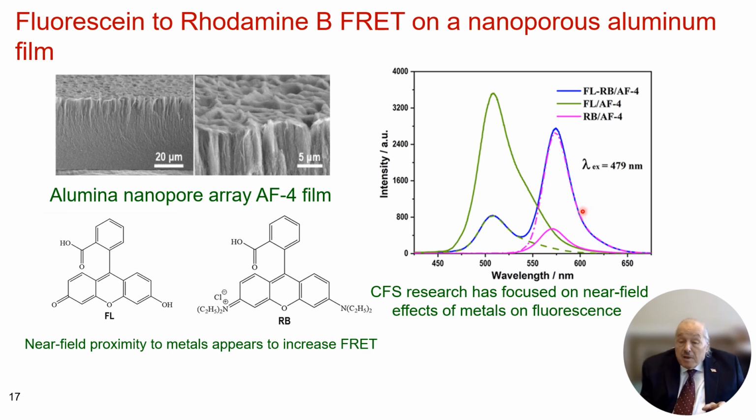And there was probably more energy transfer here than could be expected because we have observed an increase in apparent Förster distances for fluorophores near metal surfaces. So, this is not our experiment, but we have been working on such samples.